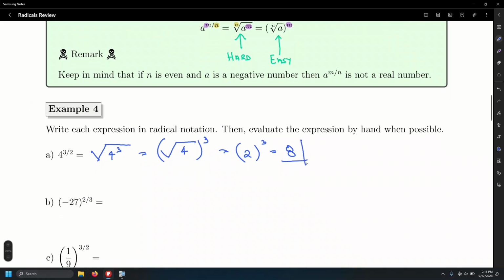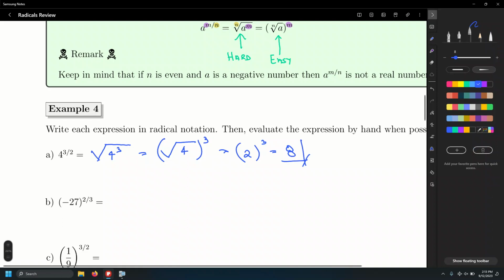What about negative 27 raised to the 2/3? In this case, we can compute this negative because the index, or the denominator of the rational exponent, is an odd number. So again, if we go about the radical notation, that is the cube root of negative 27 raised to the 2nd power.